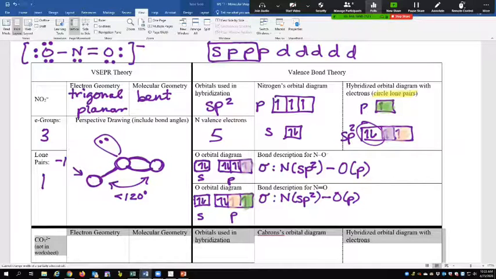That's going to make a pi bond. The second and third bonds are always pi bonds. So this is between nitrogen and oxygen. On the nitrogen, I'm using a p orbital, and on the oxygen, I'm using a p orbital. And there you've got it.